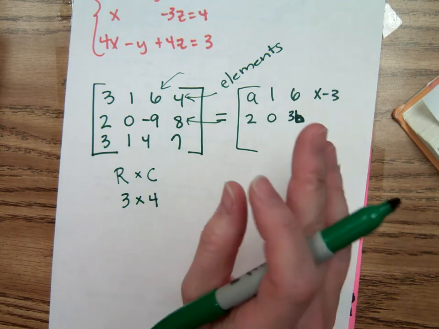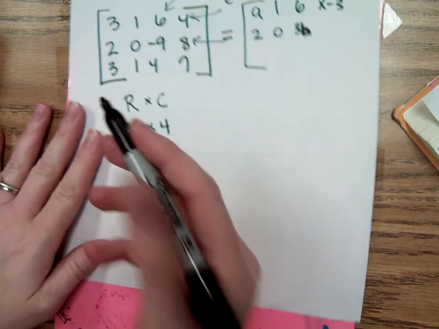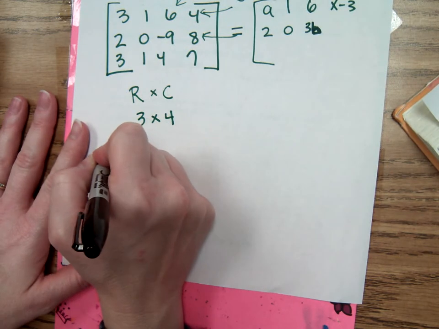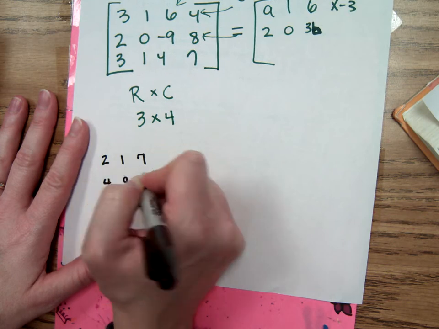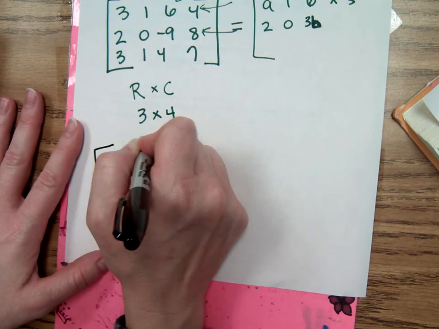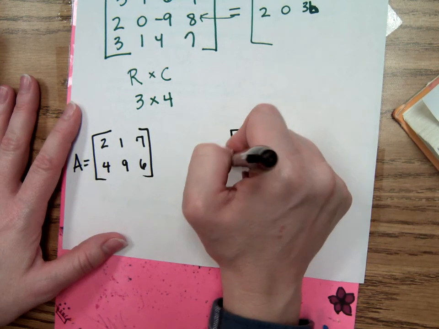You can add and subtract matrices if they are the exact same dimensions. So let's say you've got a 2 by 3. It's going to be matrix A. And another 2 by 3.